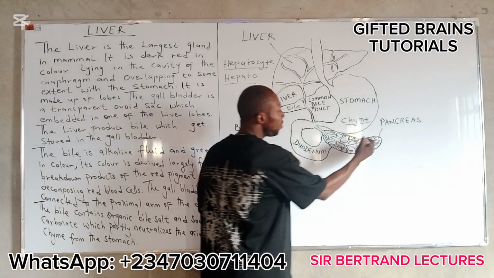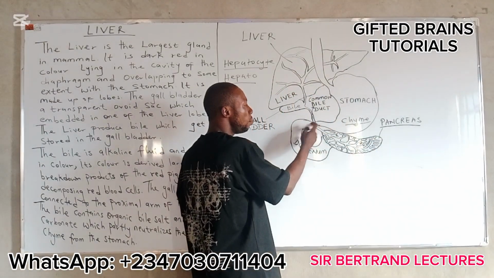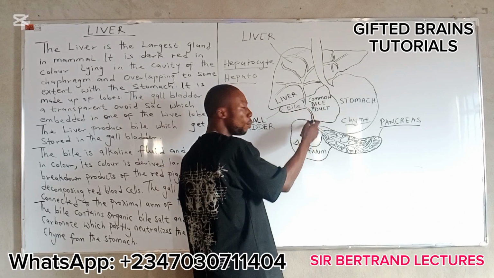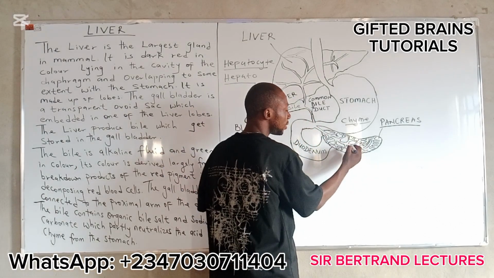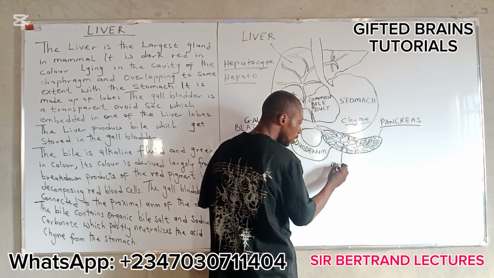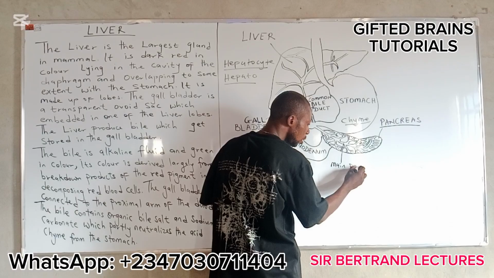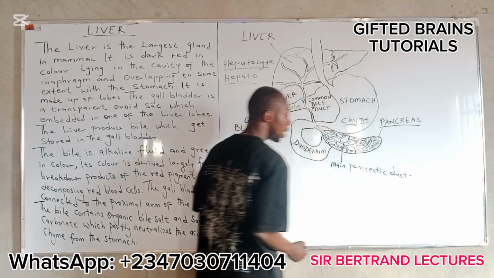All right. Then we have the pancreas. There's a connection between the stomach, the common bile duct, and the pancreas. Here in the pancreas, we have the major, or let's say the main, pancreatic duct.